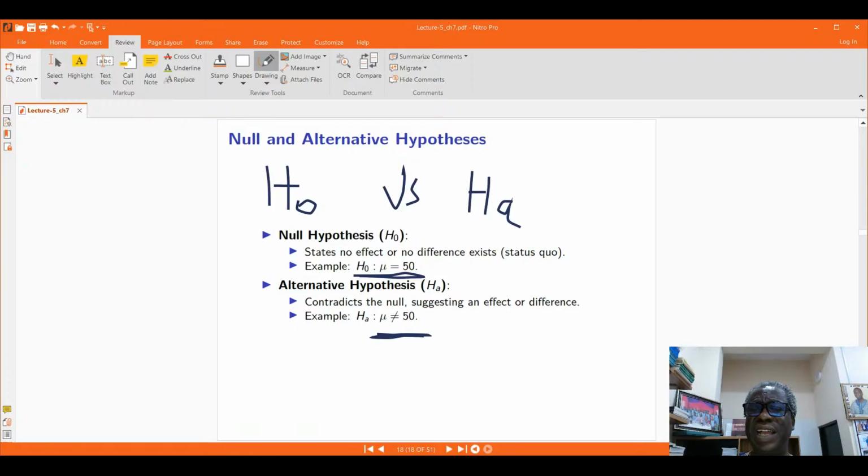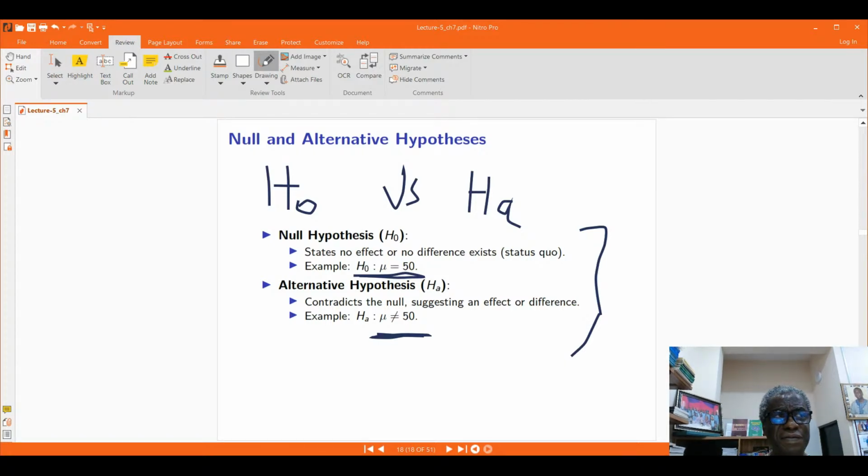But the point at this stage is that when you are formulating your hypothesis, you have to specify the null, which is the one that states no effect, or states no difference, or simply gives what the status quo is.